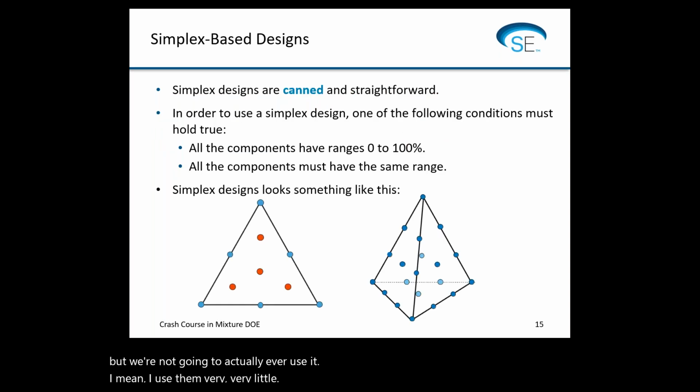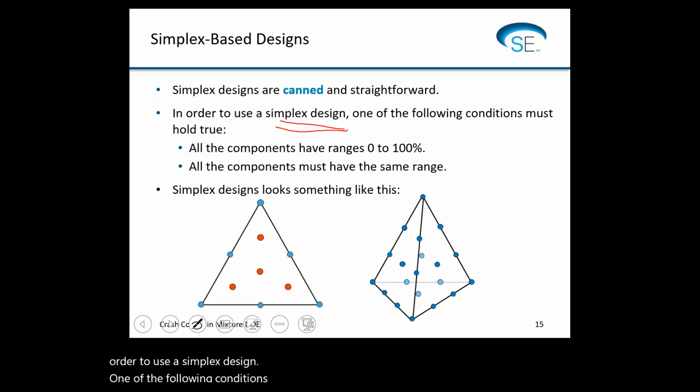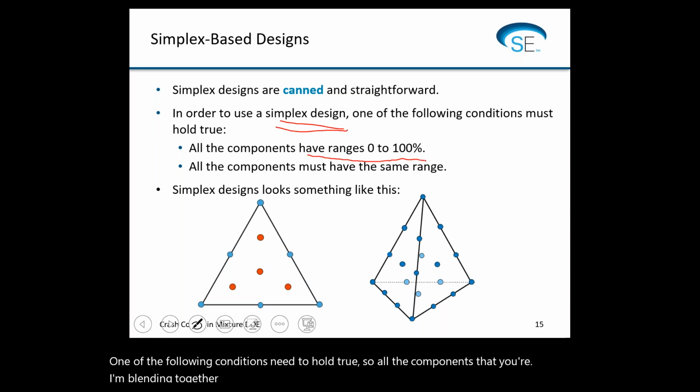So simplex designs are canned, and they're very straightforward. However, here's kind of the caveat. In order to use a simplex design, one of the following conditions need to hold true. So all the components that you're blending together have ranges 0 to 100%.